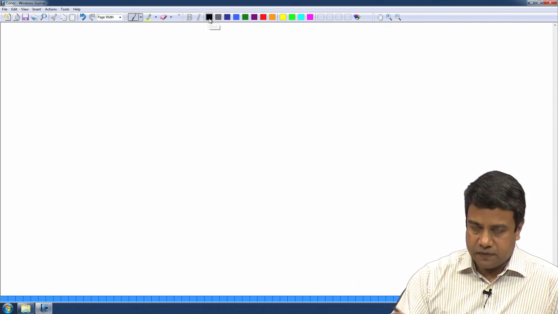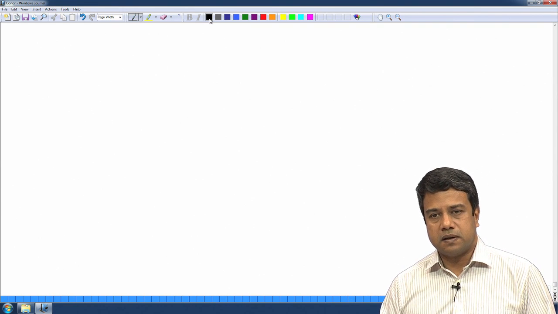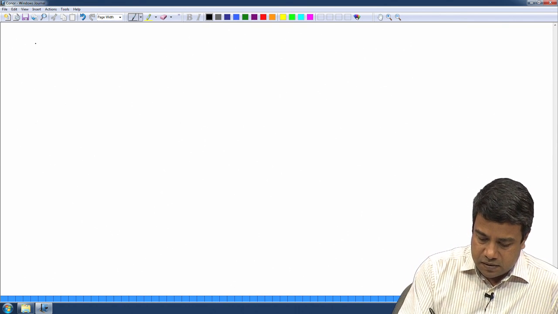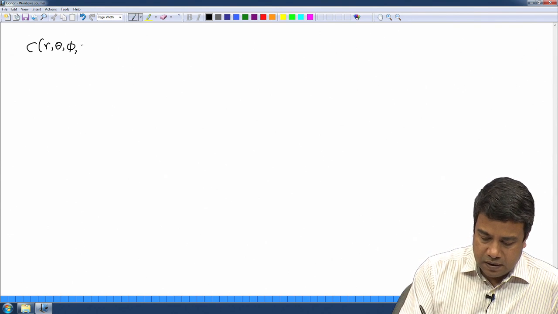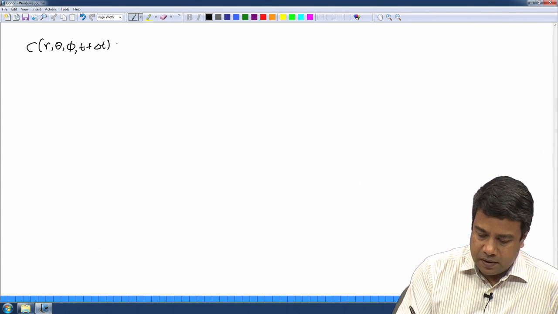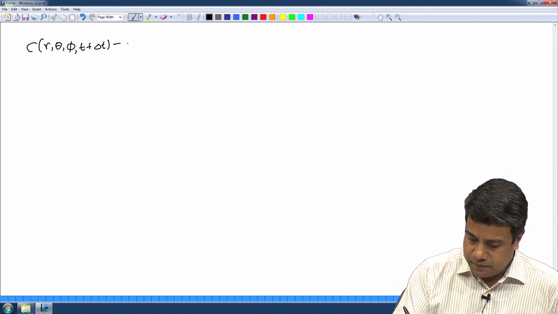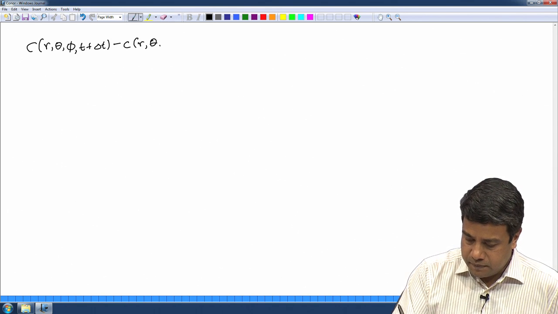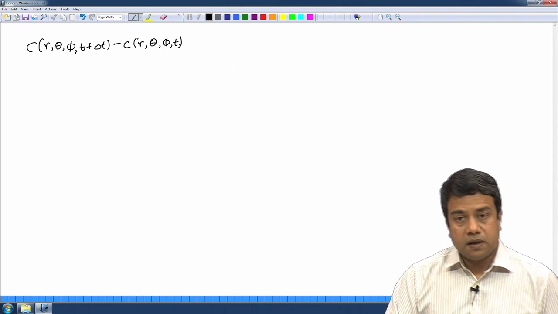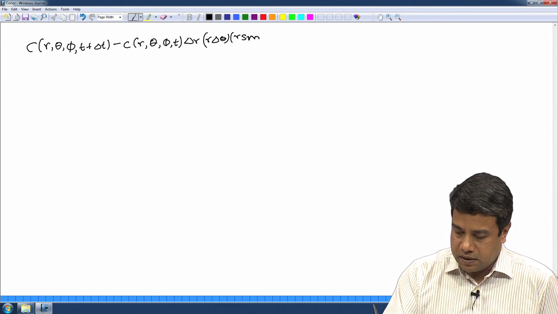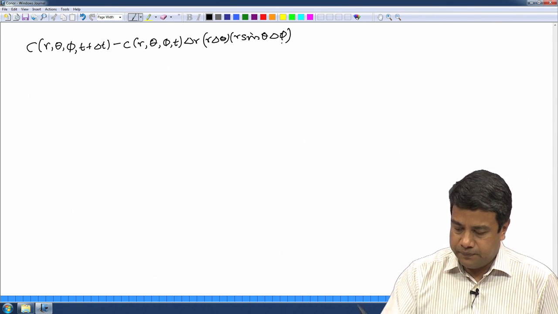First of all, the change in mass within a time interval delta t is going to be equal to the concentration at r, theta, phi, t plus delta t minus the concentration at time t, times the volume, delta r, delta theta, into r sin theta delta phi.